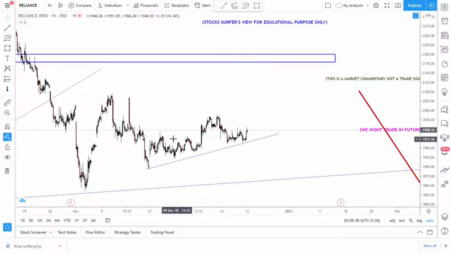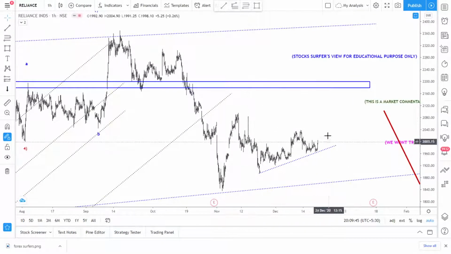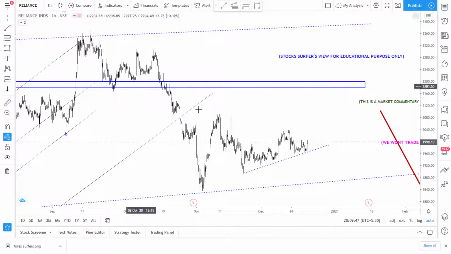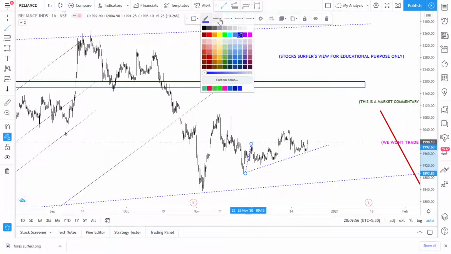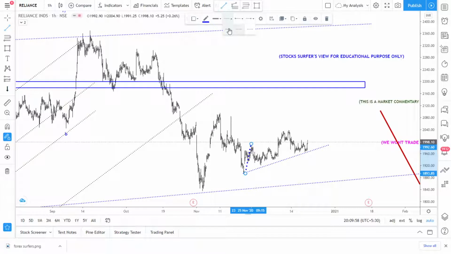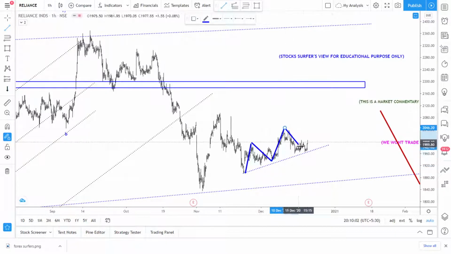So like that, it could be an irregular B here also, and then it could be a continuation of that in that irregular flat formation. It may go like this: A, again B, C. So this is a continuation.